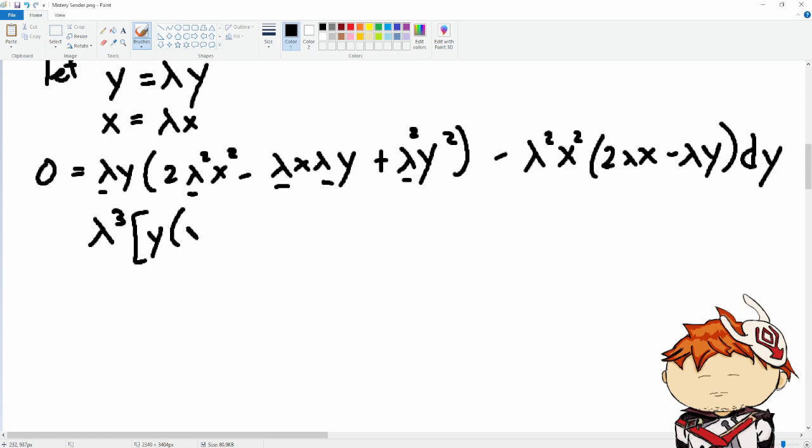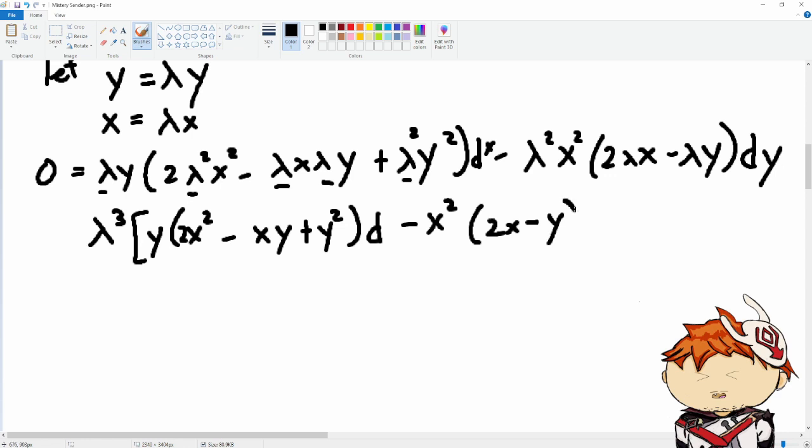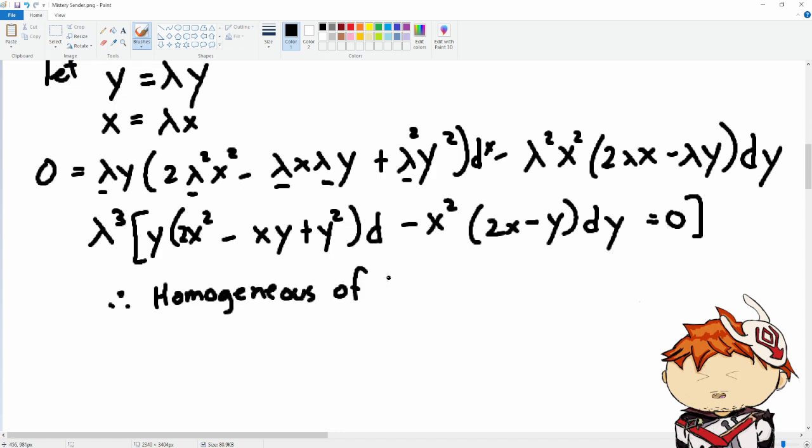Y, 2x squared minus xy plus y squared dx, oh, we forgot the dx, minus the lambda is already taken out, x squared, 2x minus y dy, is equal to 0. Therefore we can say this is homogeneous of degree 3. Okay, that's how you test for homogeneity.